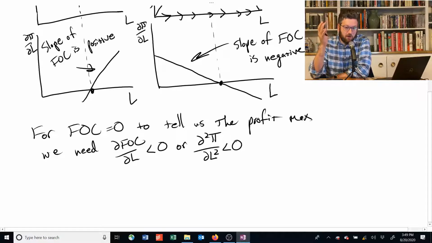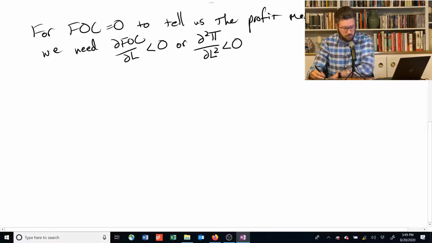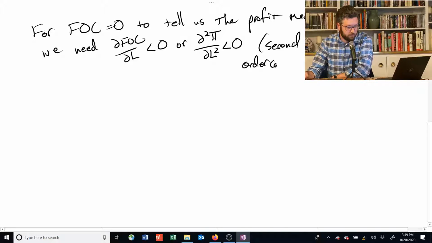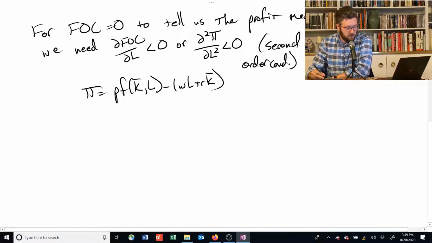Now let's go back to our actual profit equation and see if this is likely to occur. Okay. So, and this is called a second order condition. Okay. Profit is equal to P times F, K of L minus our costs. Let's take the derivative with respect to L. We get P times this minus W. This is our first order condition.